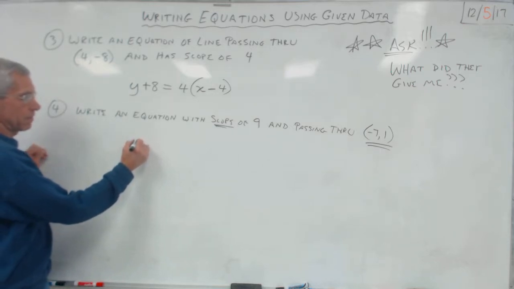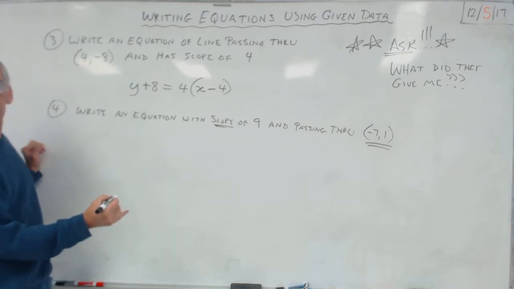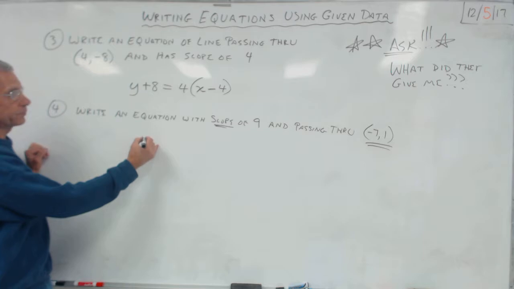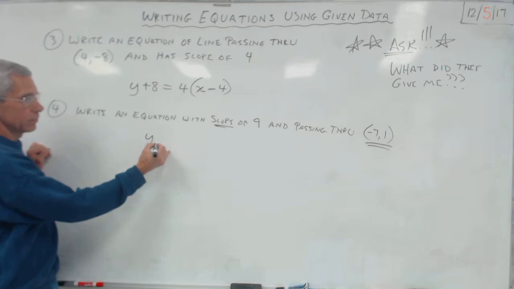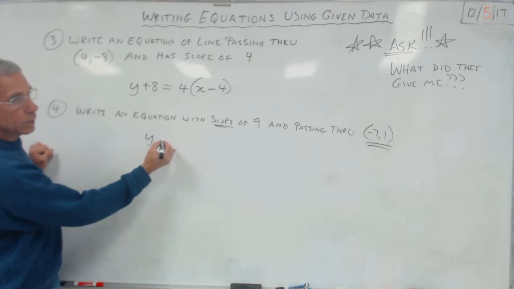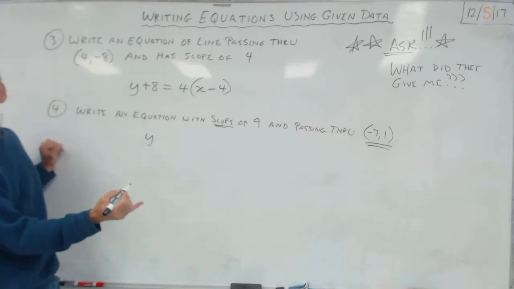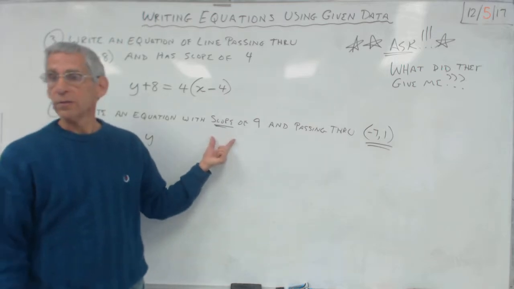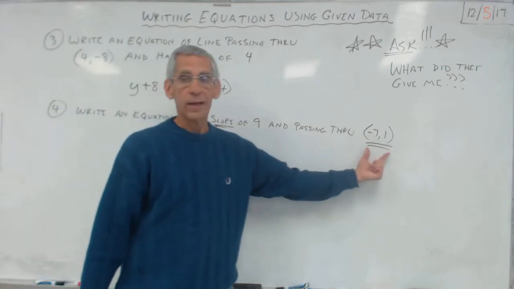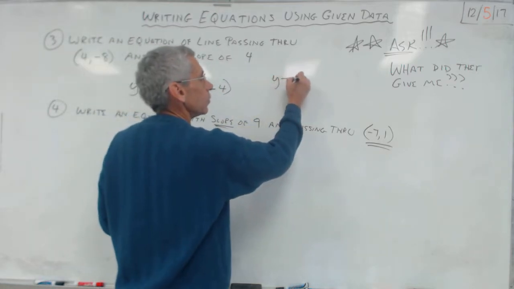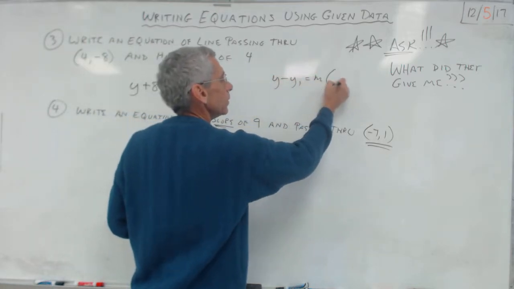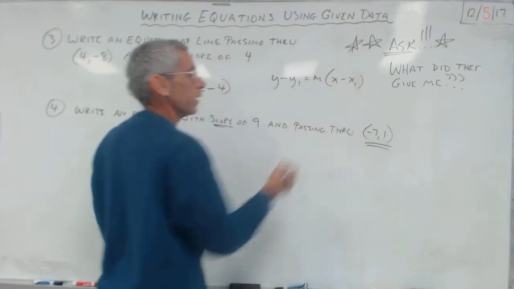Jaden, help me. So what's the equation? y, what? Wait, what did they give us? They gave us a slope and a point, so you're going to use point slope. y minus y1 is equal to m times x minus x1, right?